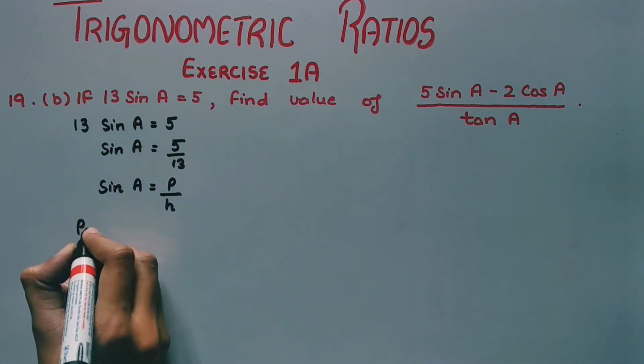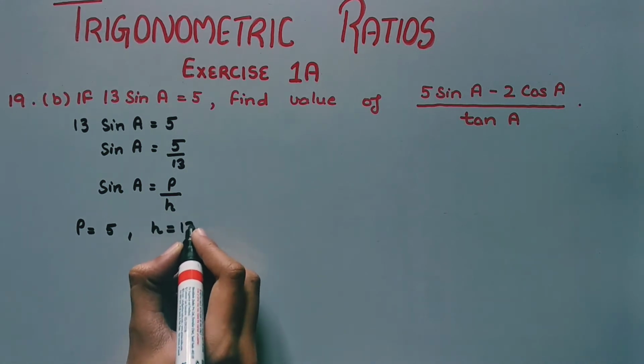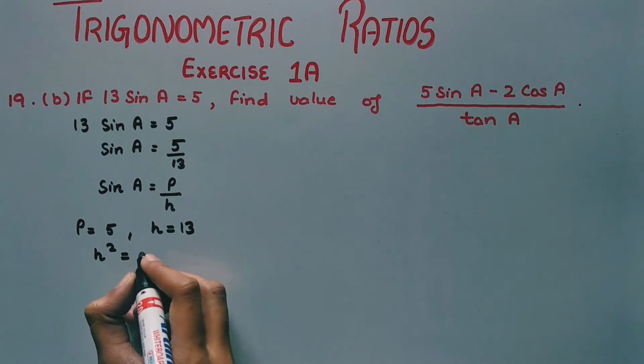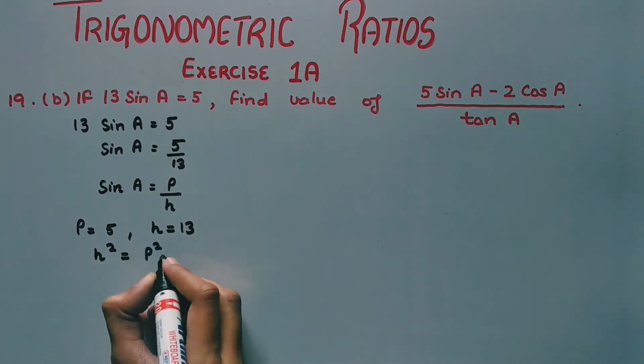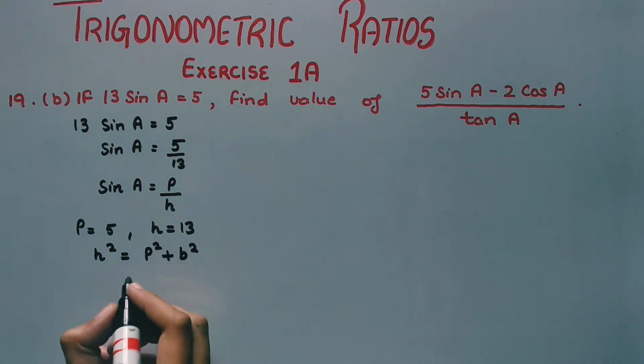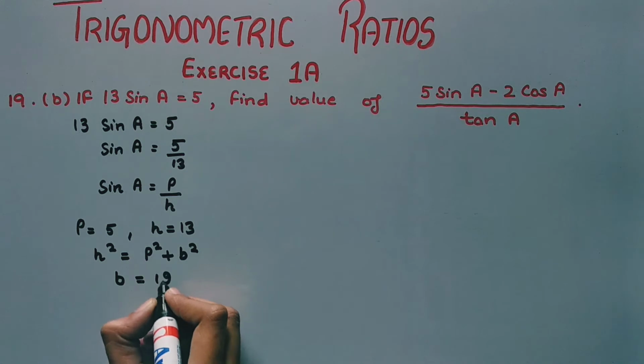Hence value of perpendicular is 5 and that of hypotenuse is 13. We will have the equation that is hypotenuse square is equal to perpendicular square plus base square. By putting the values and solving the equation, we will get value of base, that is 12.